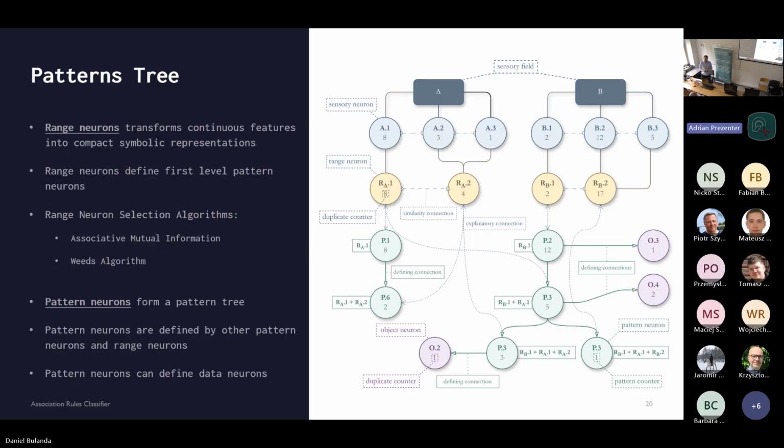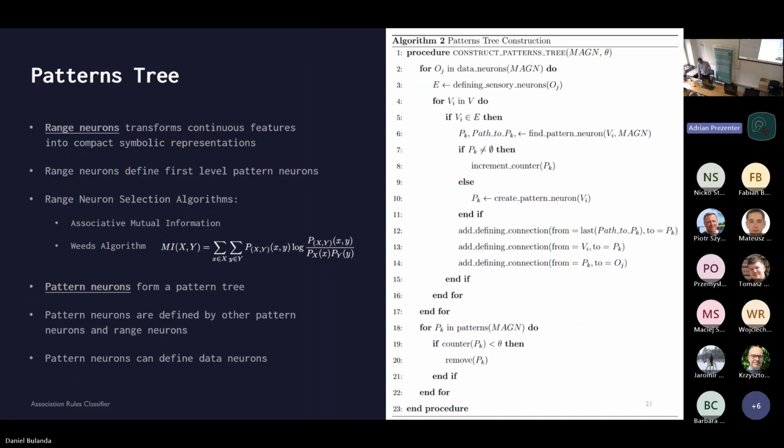Patterns and associations between them. That's why we are following that path and trying to model this in our networks. Those algorithms represent how to construct the pattern neurons and range neurons from sensory neurons and object neurons.